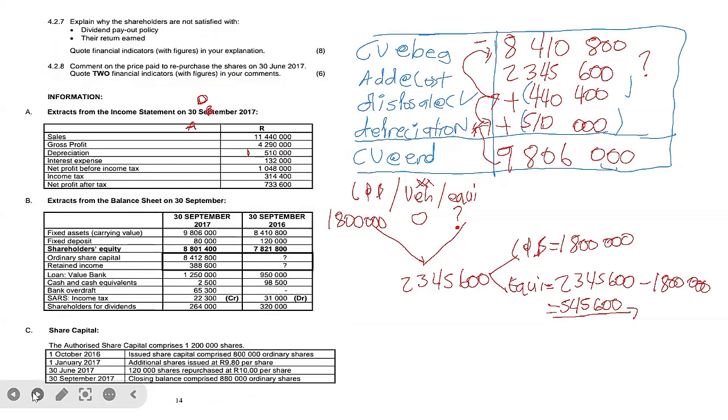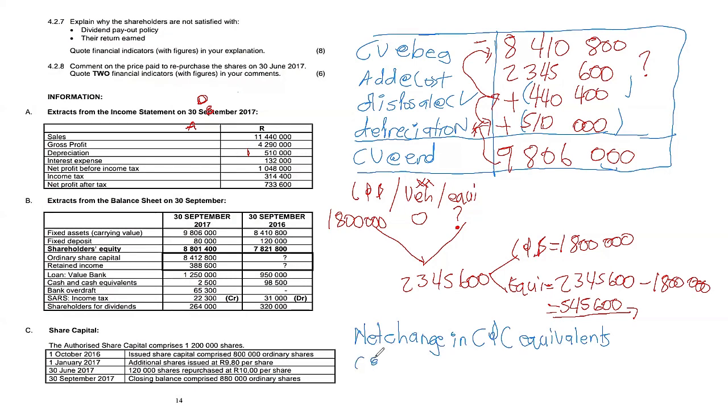Therefore, complete the net change in cash and cash equivalents of the cash flow statement. Okay, so when you check our cash flow statement, you have the net change in cash and cash equivalents. So now it's net change, right? So now cash and cash equivalents at the beginning, and then you have cash and cash equivalents at the end.